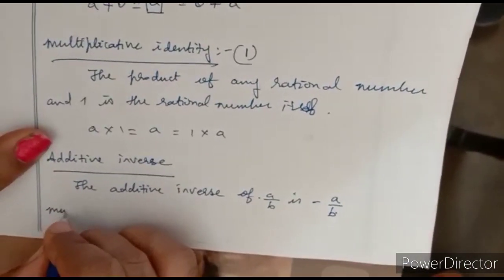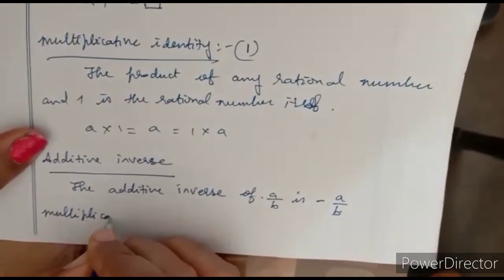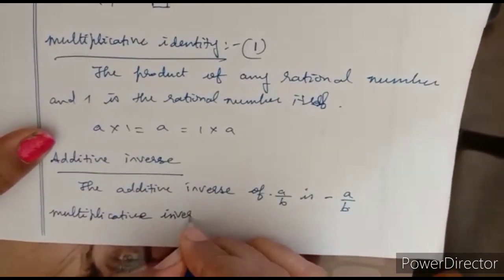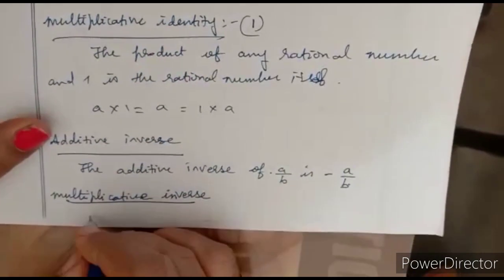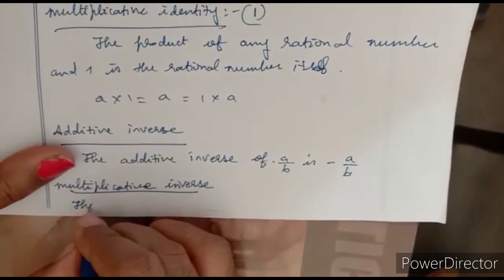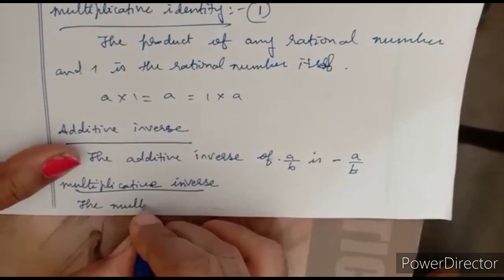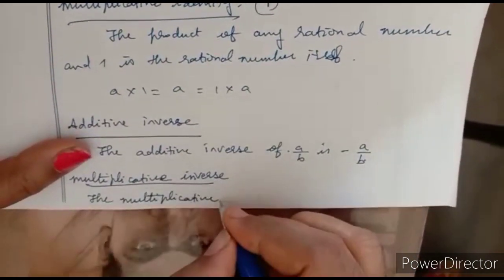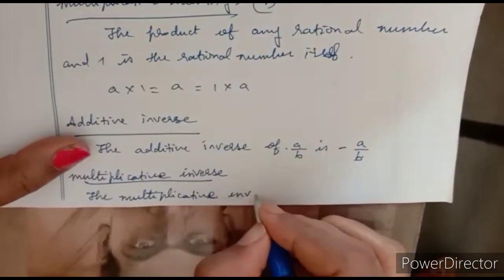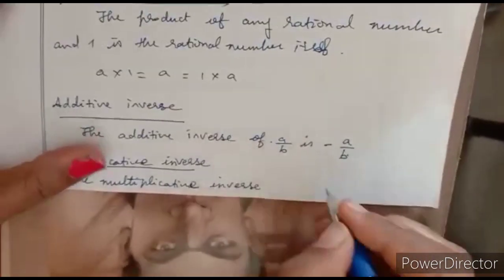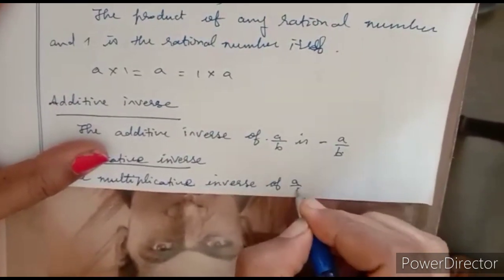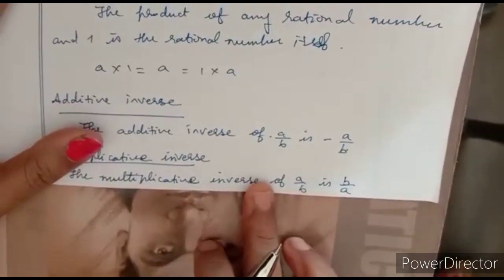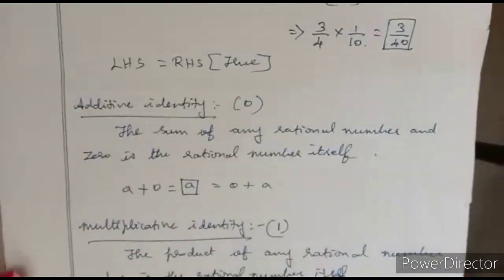Then, multiplicative inverse. The multiplicative inverse of a by b is b by a. Just you have to take the reciprocal of the given number.